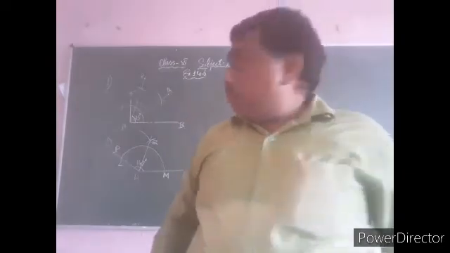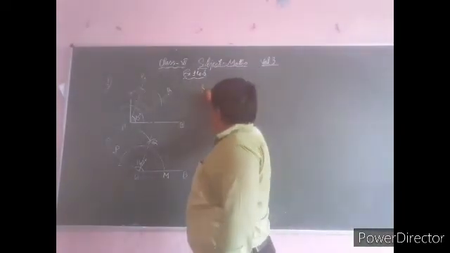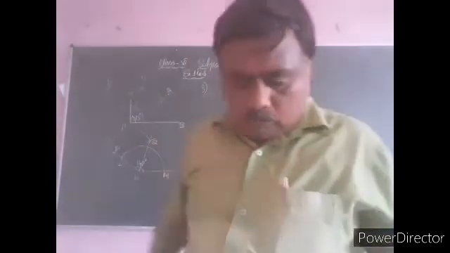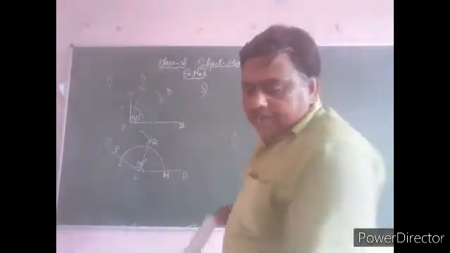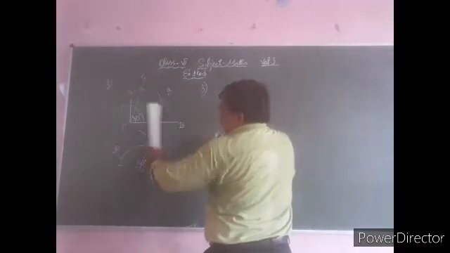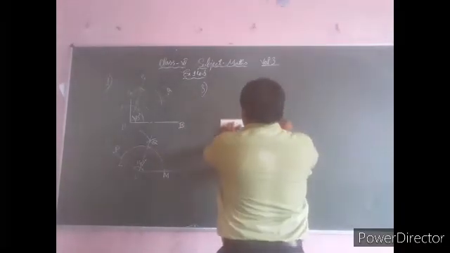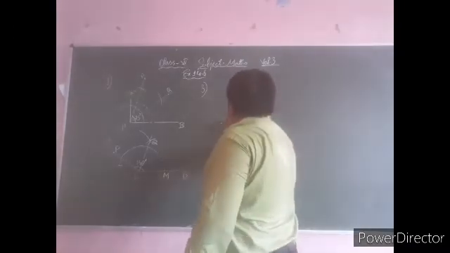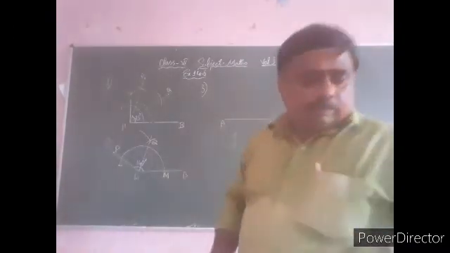Draw question number 3. Draw a right angle. Here also I have told you how to draw a right angle. Draw a line AB.